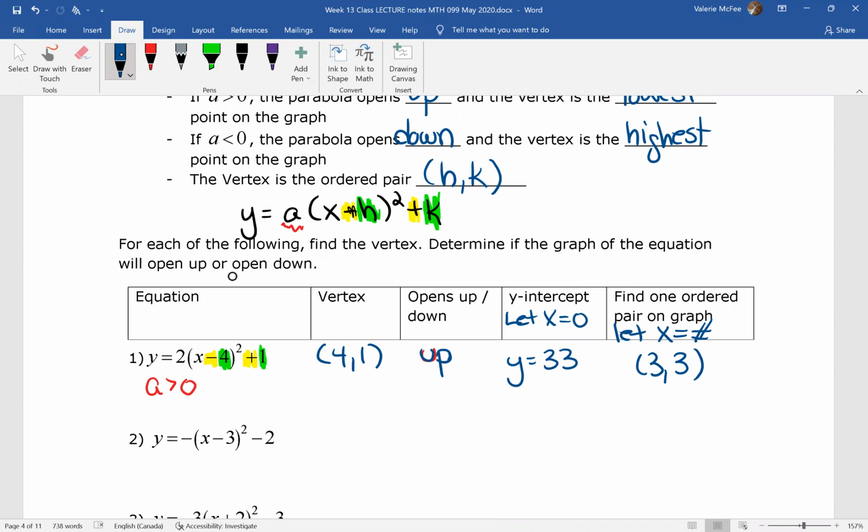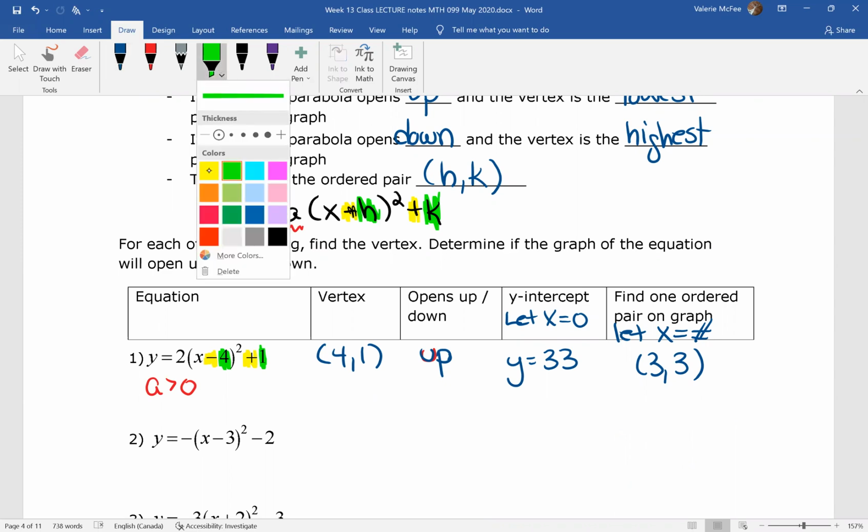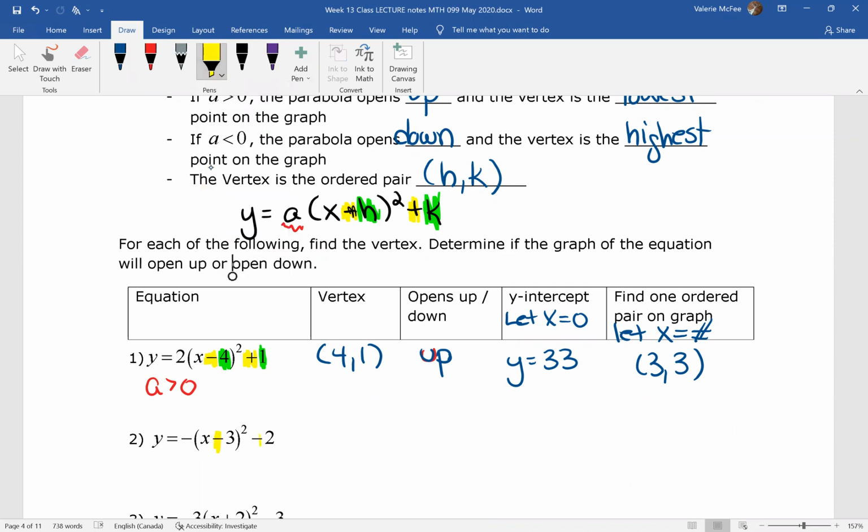All right, question 2. What is the vertex? We needed a minus sign here and a plus sign here. We don't have a plus sign. We could rewrite this as y equals the negative of (x minus 3) all squared plus negative 2.